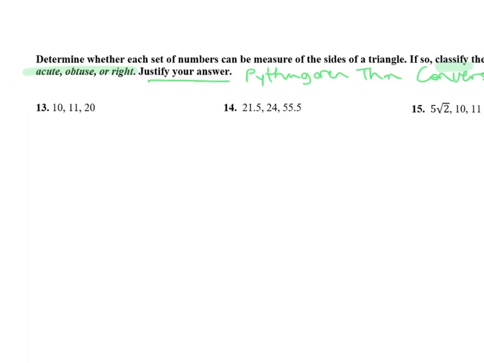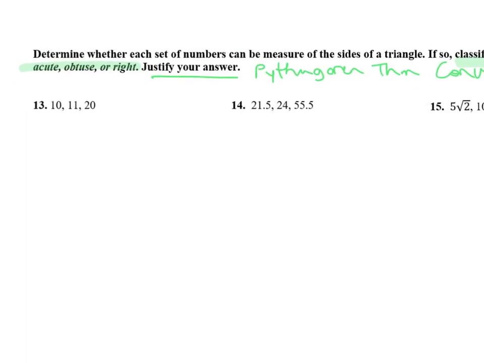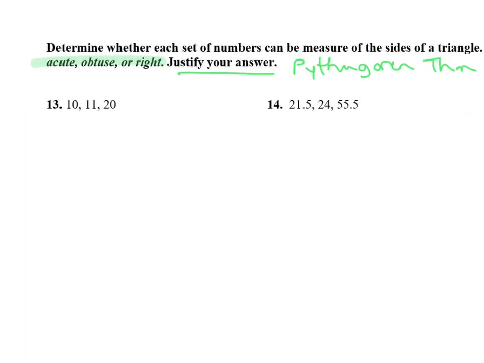So we're going to take a look here at our first problem. Let's scoot it over. And as we mentioned earlier, our longest side is going to represent our C value. We're still using a squared plus b squared equals c squared.